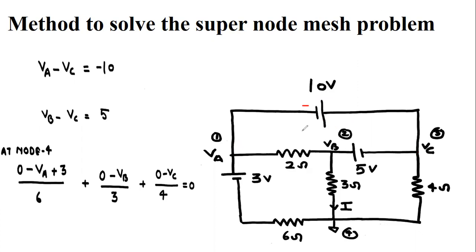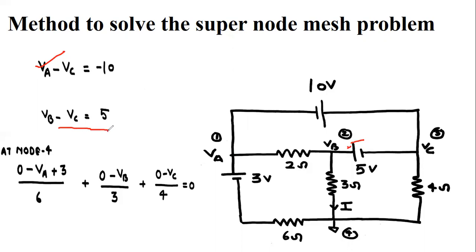If the positive is first, then the negative, then VA minus VC equals 10. So the first equation we have got is VA minus VC equal to minus 10. Second is VB minus VC equal to the potential of that battery, so my second equation is VB minus VC equal to 5.